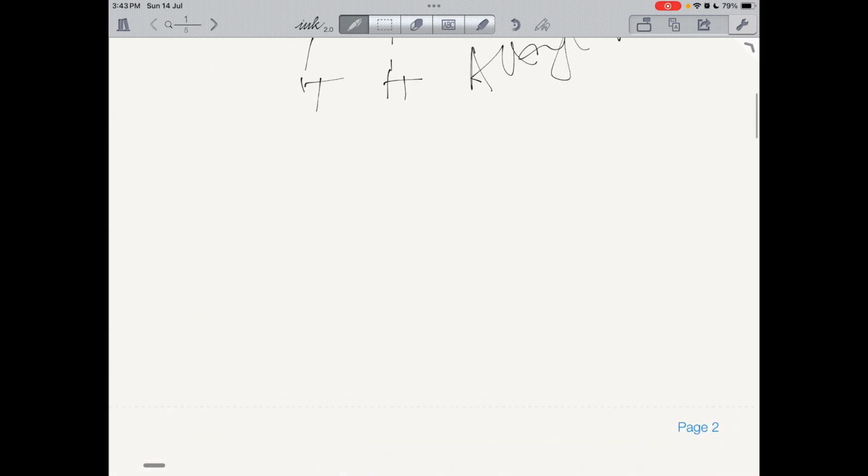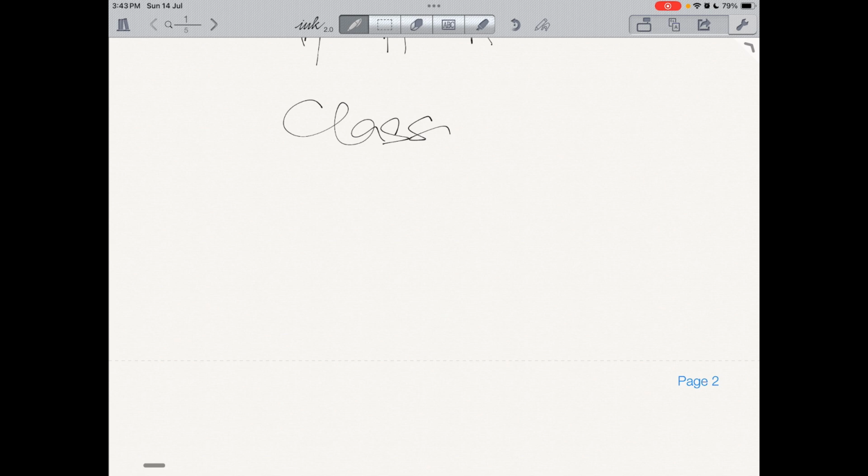Okay, so very quickly, there is a need to look at the classification of alkyl halides. How are they classified? First, you have the primary alkyl halides.